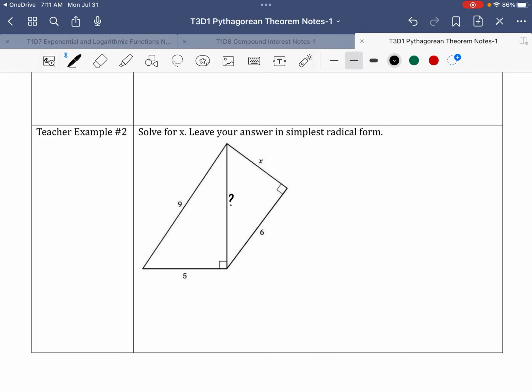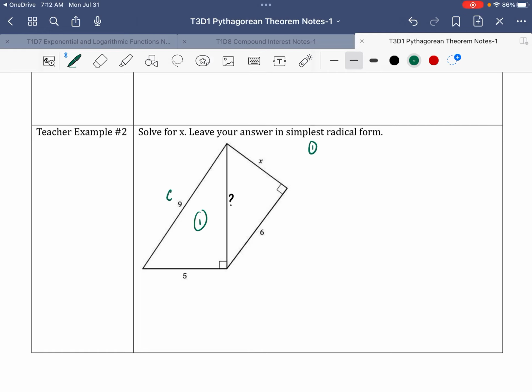So I see that both of them are right triangles. I'm given two sides of my left triangle, which lets me solve for the middle side. And then once I have two side lengths of my right triangle, I'm going to be able to solve for x. So let's start with triangle number 1.